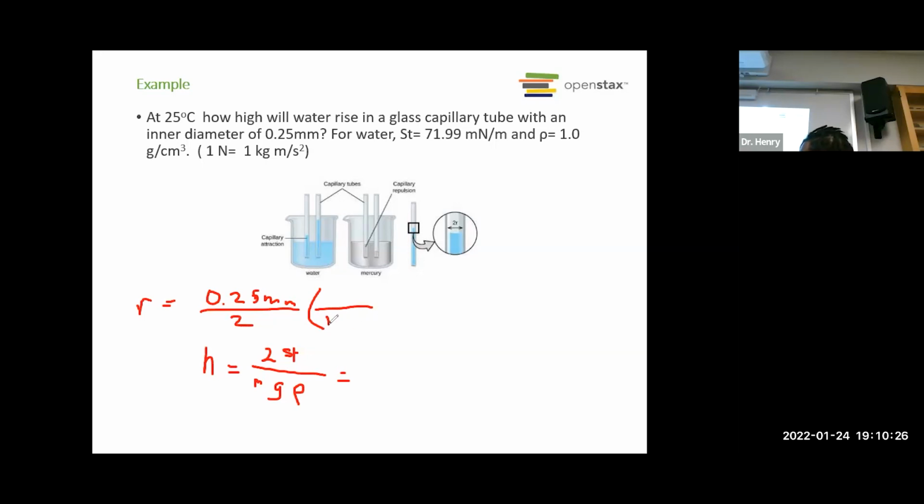Okay, so we have 1,000 millimeters equal 1 meter.